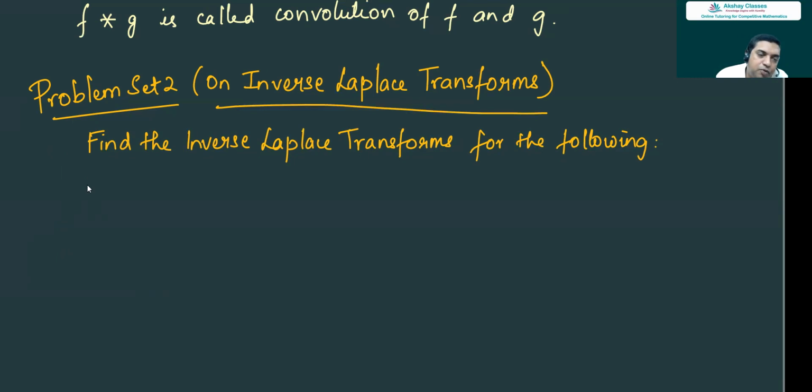So here the more important thing is using the properties. So the first one, s square by s minus 2 the whole cube. Of course, we can very easily do this by partial fractions, but we will use properties.